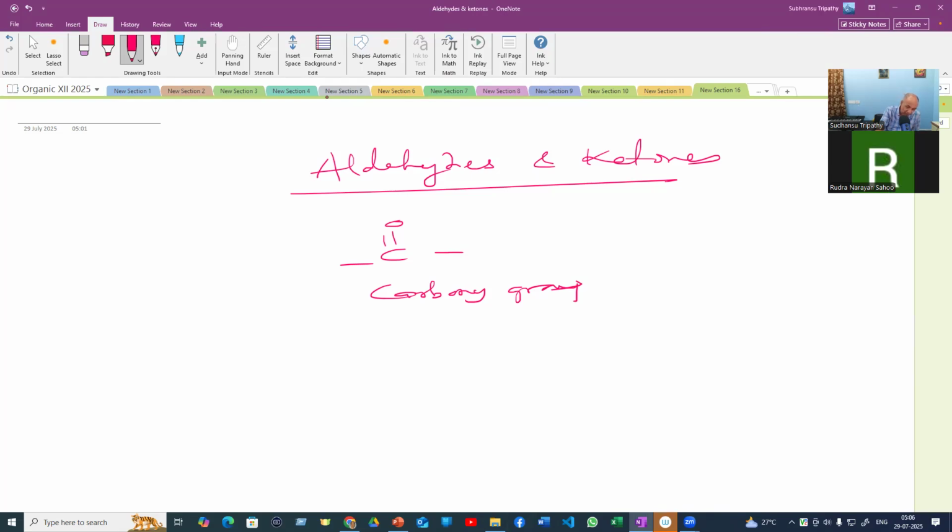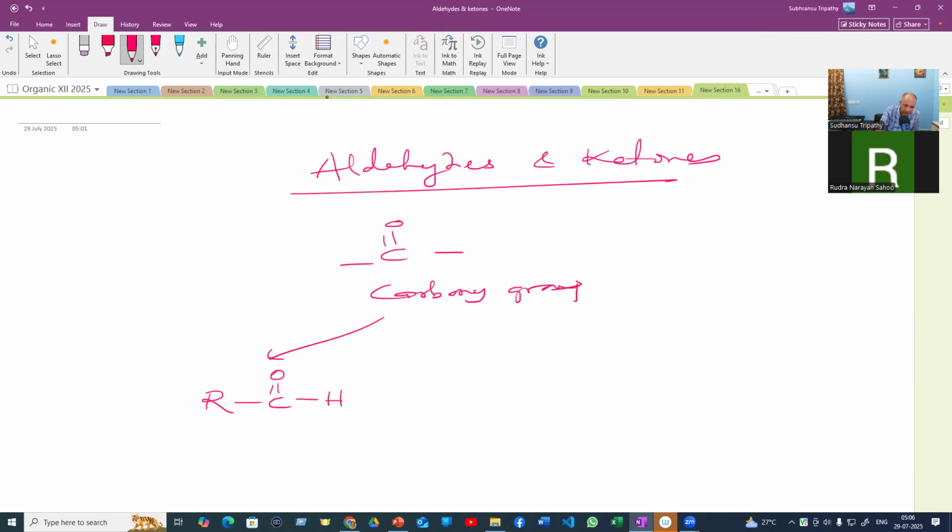Once it is bonded with a lone pair and conjugation happens, resonance happens, that is not called a carbonyl group, it becomes a carboxyl group and its derivatives. Properties get completely changed.